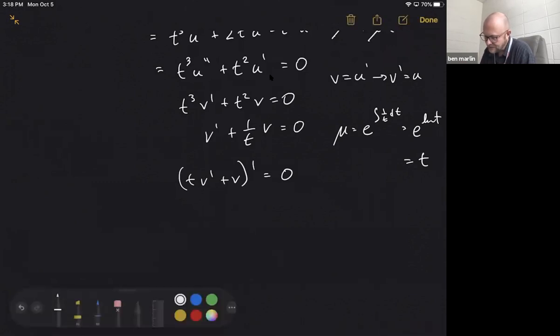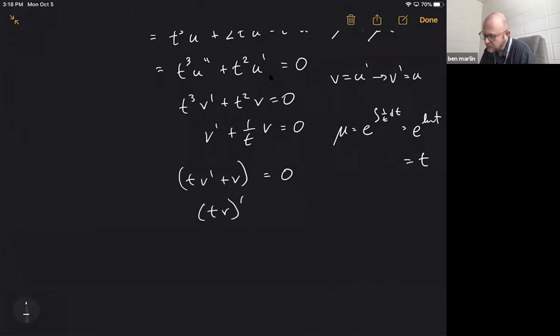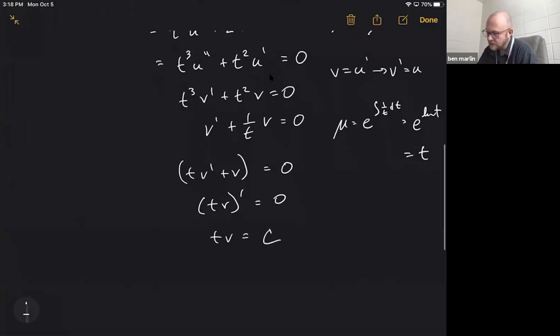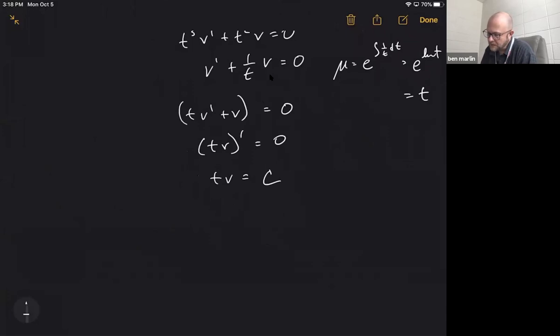And this prime does not belong there. It belongs here. And when we integrate, we'll have tv equals just some constant there. And then our v is going to be c over t, but our v was really u prime. We just cleverly disguised it.